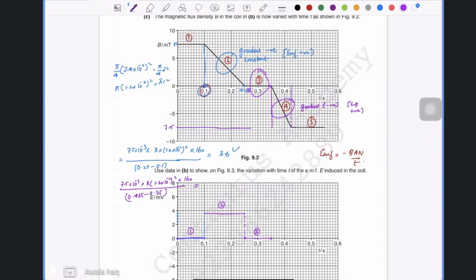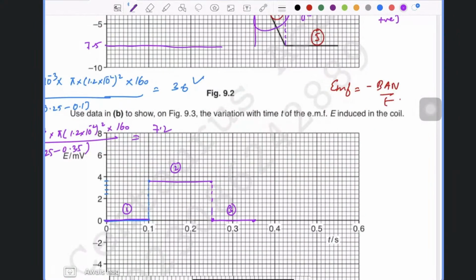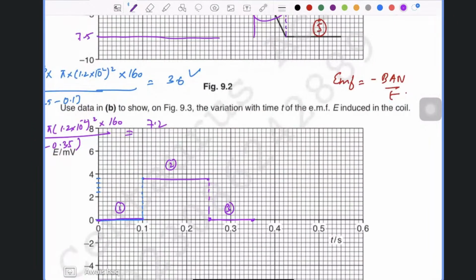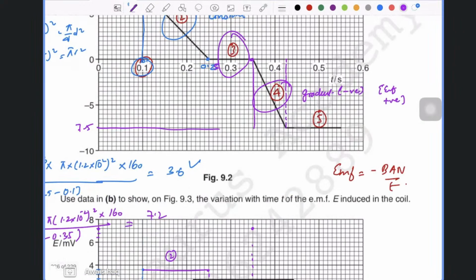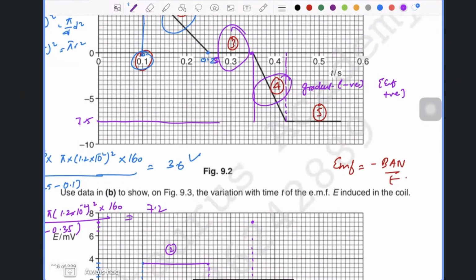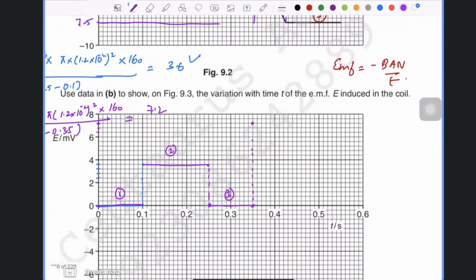7.2. Okay, so we're going to go again to the positive side. We're going to find 7.2. So it's 6.4, 6.8, 7.2 right here, which means till this point we go to just here, and it will continue till 4.25, right? 4.25 was this point.